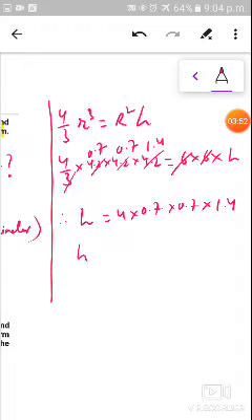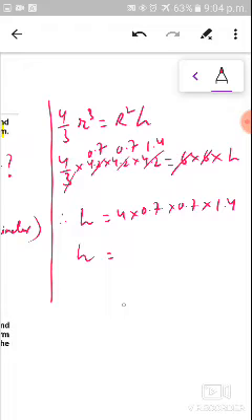1.4. So if you multiply it, what will we get? We'll get 4 multiplied by 0.7 into 0.7 into 1.4. Okay, so 1.4 into 4 is 5.6, multiplied by 0.7 into 0.7, which is 0.49, right?